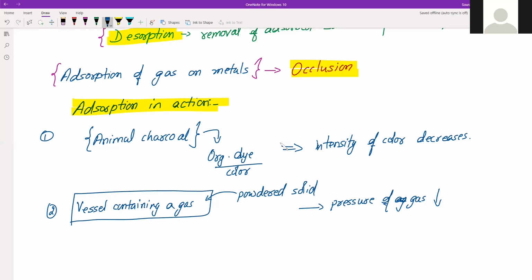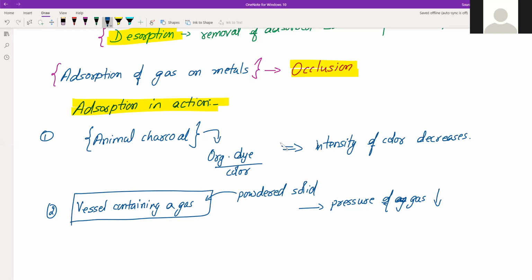That means the gas particles are now fewer. In a closed vessel, pressure of gas is nothing but the force with which the gas molecules hit the wall of the container.